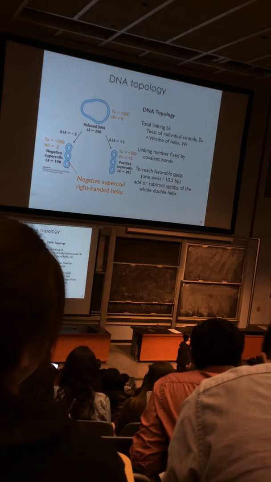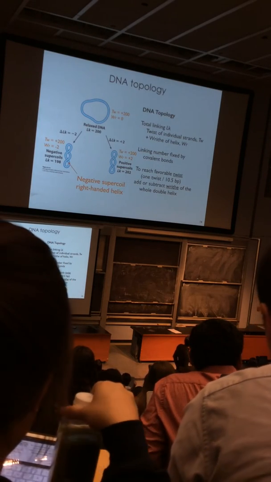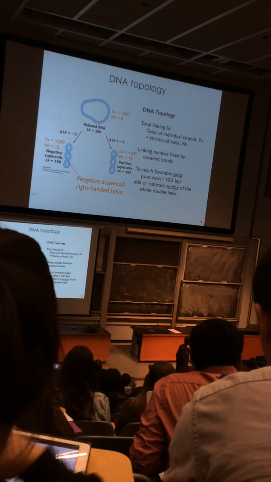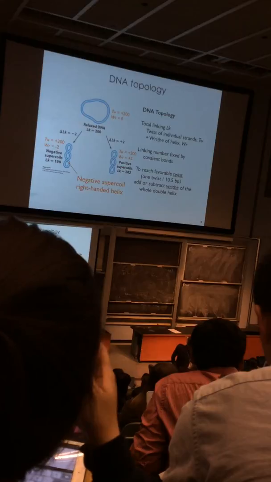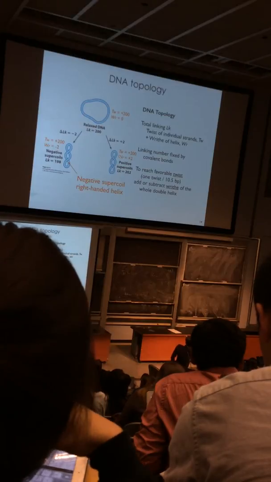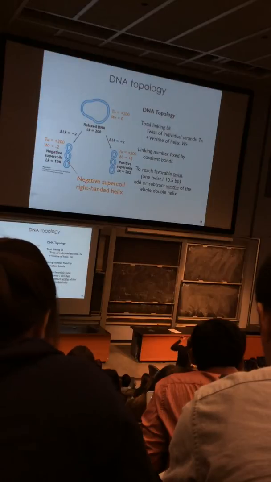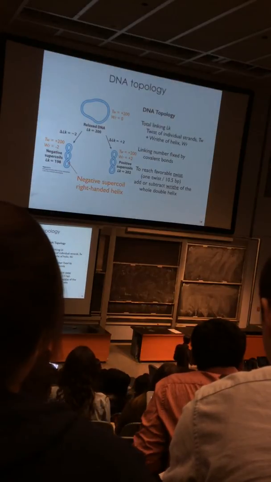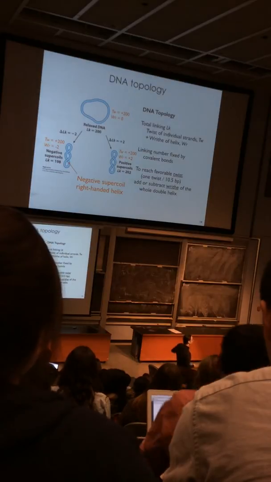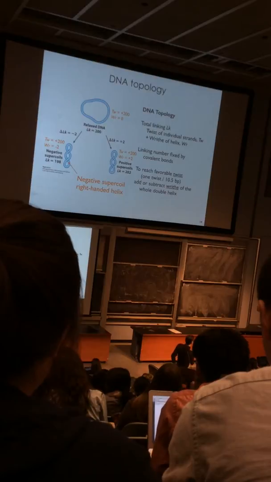So for a positive supercoiled left-handed helix, is the writhe always positive? A positive supercoil means the writhe is positive, and that is the DNA double helix wrapping around itself in a left-handed turn. Negative supercoil means the writhe is negative.